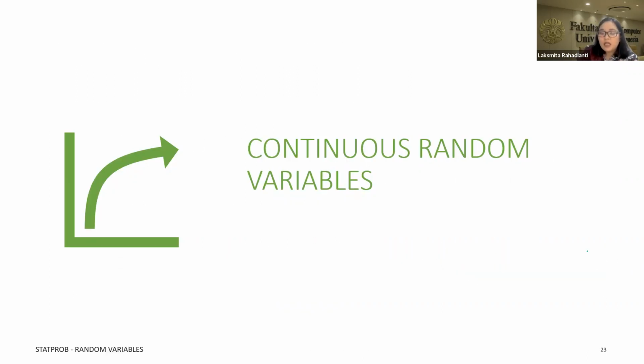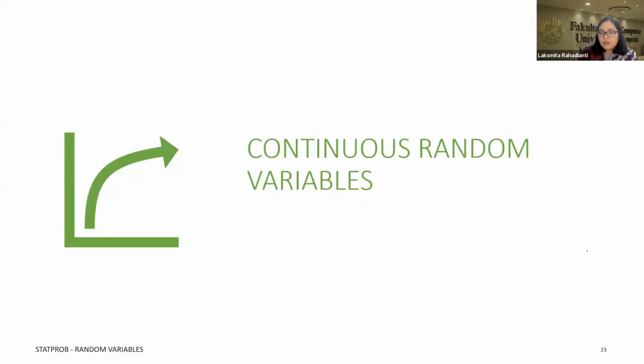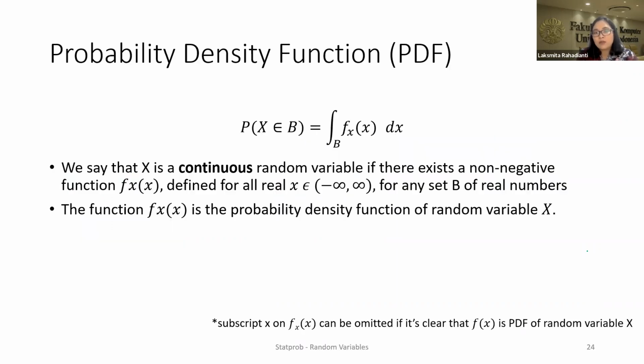The reason is the CDF is used by both discrete and continuous random variables. Although the CDF is used by both, there is a function that is more unique to the continuous random variables, which is the probability density function.